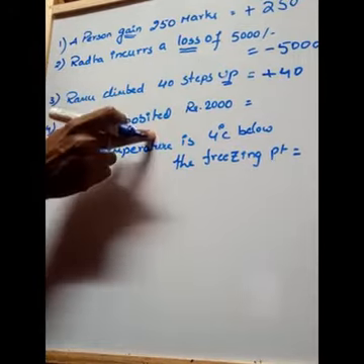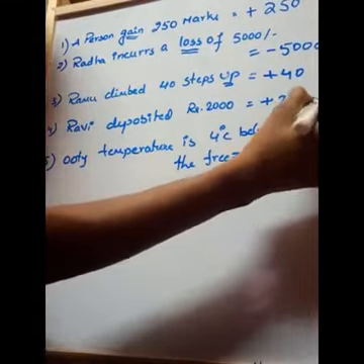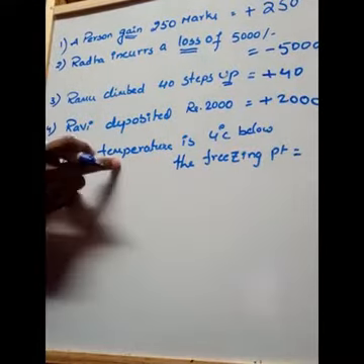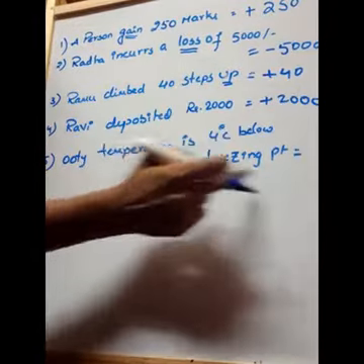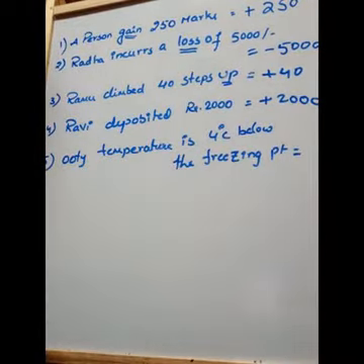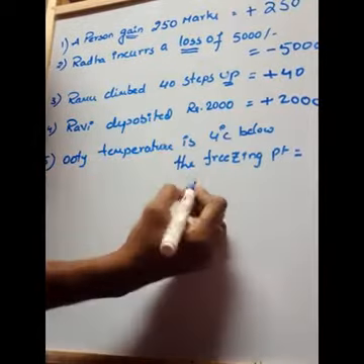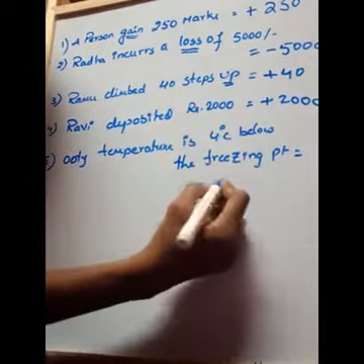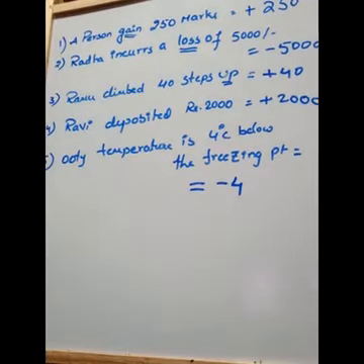So deposited means plus 2000. Ooty temperature is 4 degrees below the freezing point. Freezing point is nothing but 0 degrees. So below means negative. So you have to write the integer as minus 4. Like this, you have to write the integer based on the given statement.